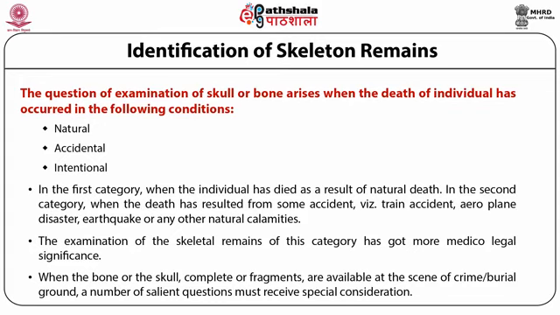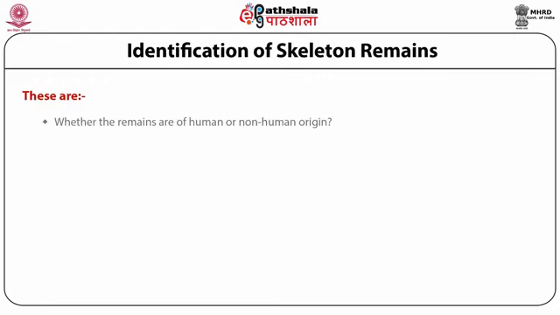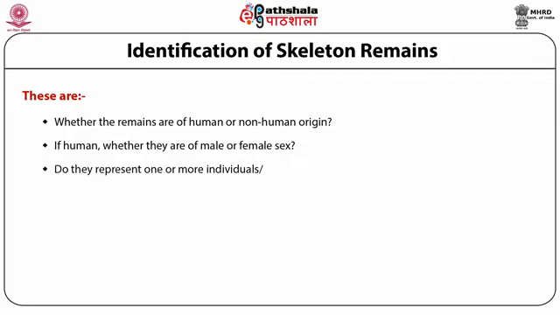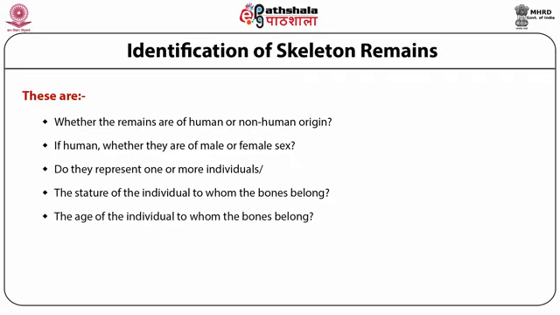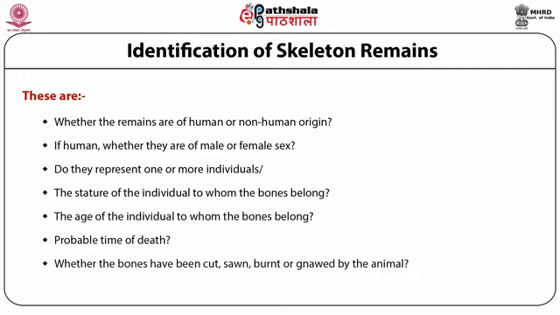A number of salient questions must receive special consideration, such as whether the remains are of human or non-human origin, if human, whether they are of male or female sex, do they represent one or more individuals, the stature of the individual to whom the bones belong, the age of the individual, the probable time of death, whether the bones have been cut, sawn, or burnt or gnawed by an animal, and what was the probable cause of death.